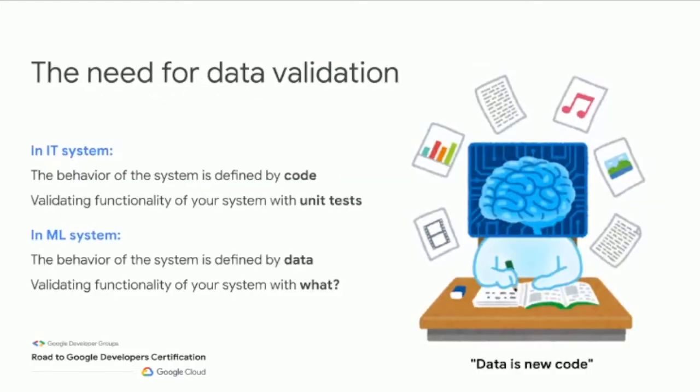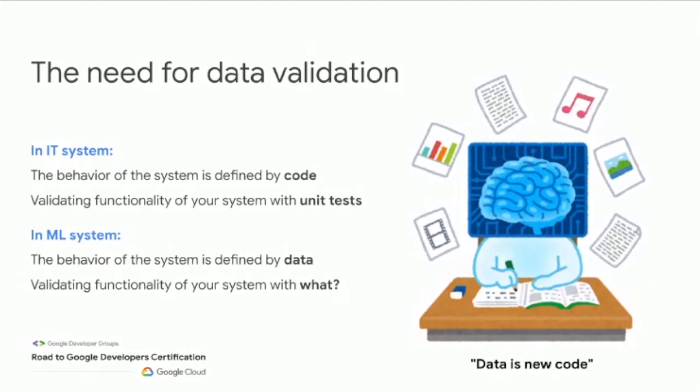Okay, so because of that, and more other reasons, we really need data validation. Usually in classical software engineering, the behavior of the system is defined by the code that we write as programmers.